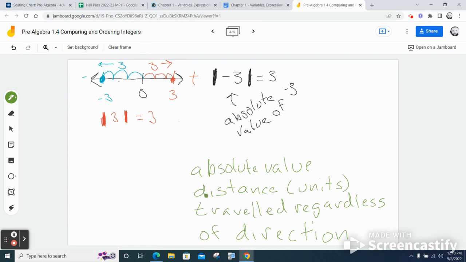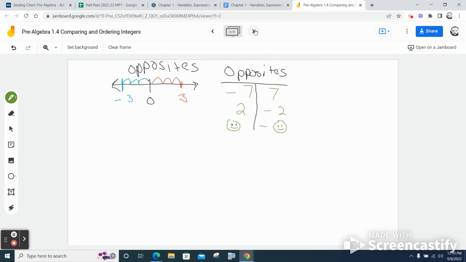Okay, we're almost done with our first example. I got to teach you a couple things before we get to the first example. So on this next slide, we're going to talk about opposites.